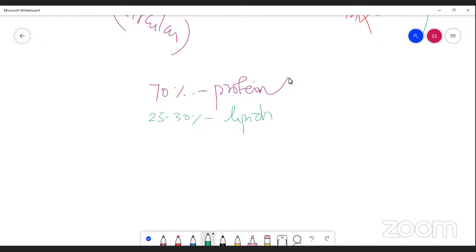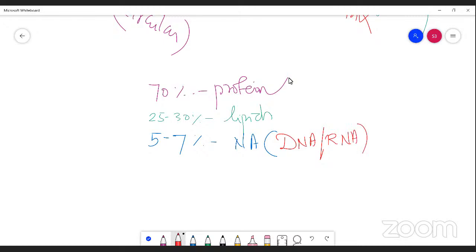It is known as a semi-autonomous organelle because it encloses DNA and has a double membrane system, right? And 5 to 7% nucleic acids, including DNA and RNA, ribonucleic acid. In addition to that, there are 60 different types of enzymes.